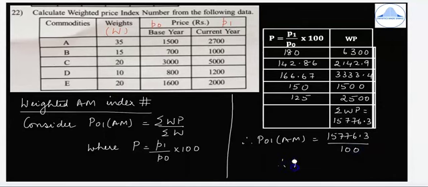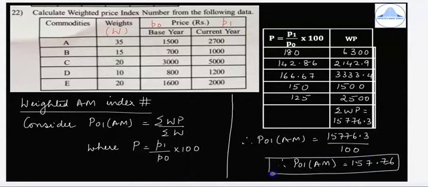So P01 of AM is equal to 157.76. So let me write the total here. Summation W. If you add up all these, you will get 100.